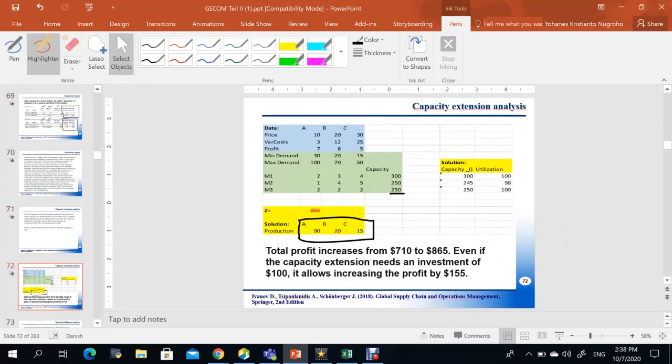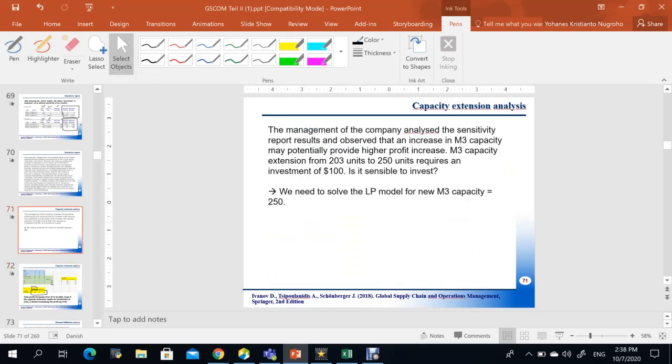And the profit furthermore increased to 865, meaning that by adding more capacity to machine number 3, we have additional profit at 865 minus 710. It is equal to 155. Since 155 is higher than 100, then it is profitable. It is sensible to invest. Okay.